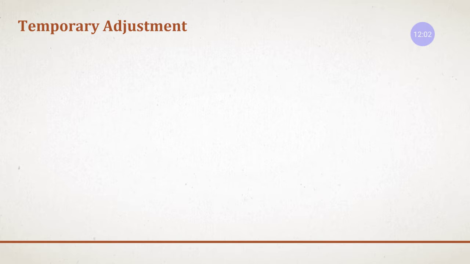There are two types: one is the permanent adjustments, the other is the temporary adjustments. Now what is the difference between them? We talked about the fundamental axes or lines.